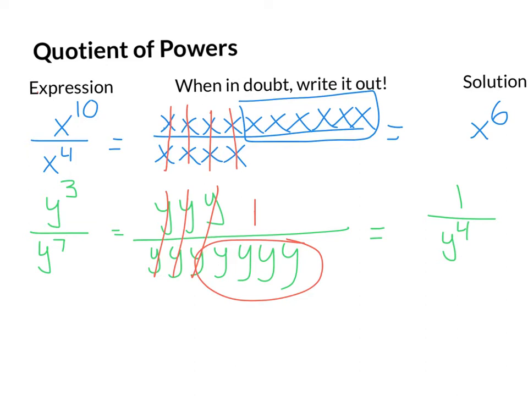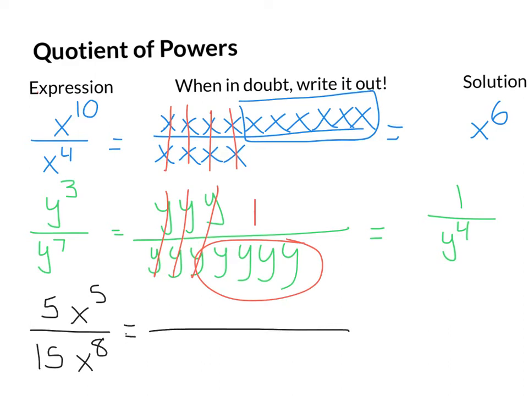And for example 3, I have 5x to the 5th over 15x to the 8th. All right, so now I have coefficients and I have powers. So when I write it out, I still only have the 5 and the 15. And then x to the 5th, 1, 2, 3, 4, 5. X to the 8th, 1, 2, 3, 4, 5, 6, 7, 8.